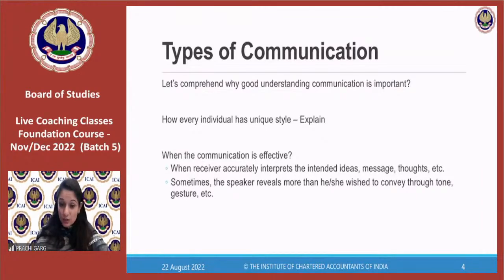to understand each other? Good, Bhumika. Yes, very good. Quickly, why is it important to know different styles of communication?